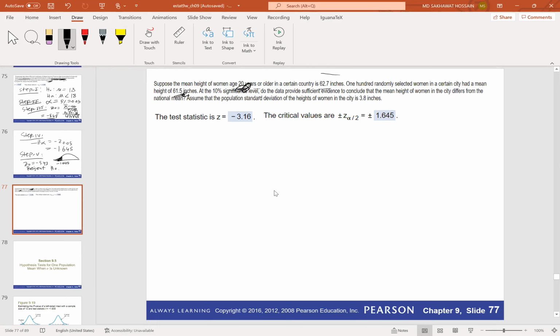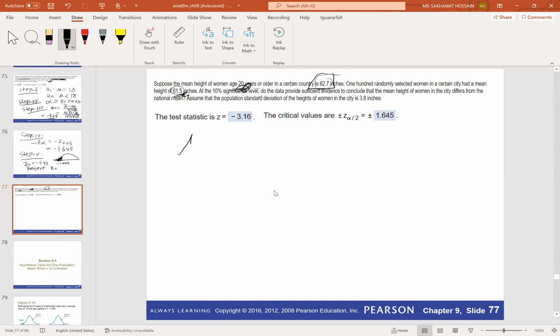The national mean is 62.7, and in the city, from a sample, we found that the average height is 61.5 inches. So we want to see whether the mean mu is different.